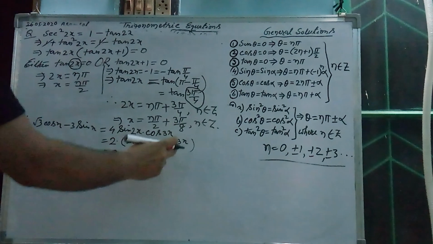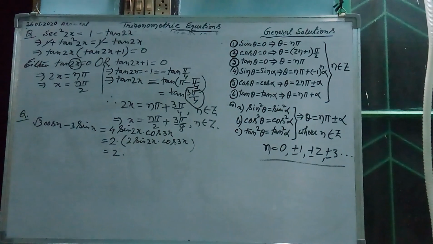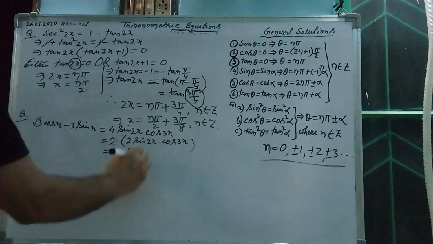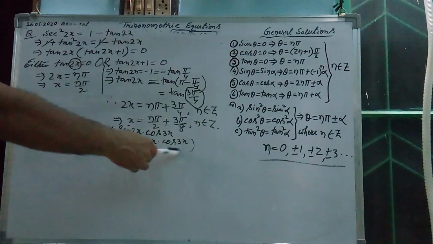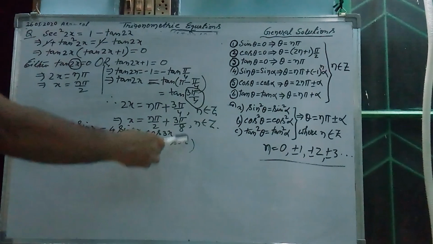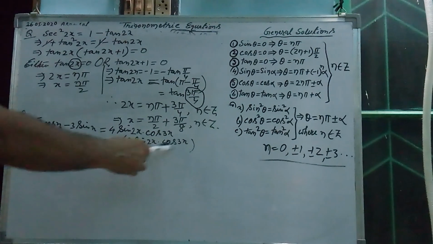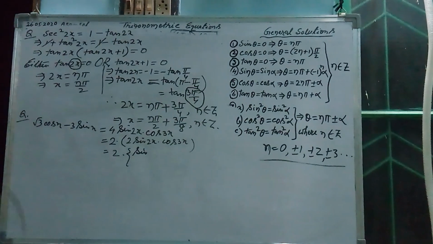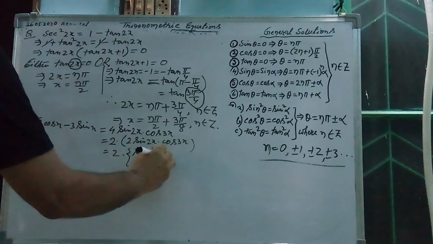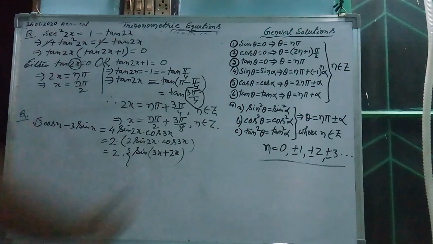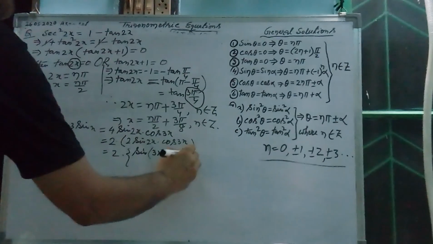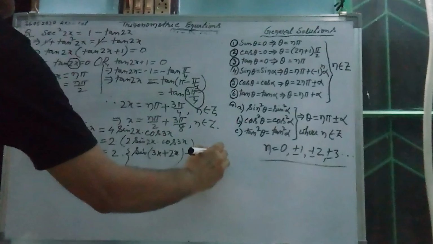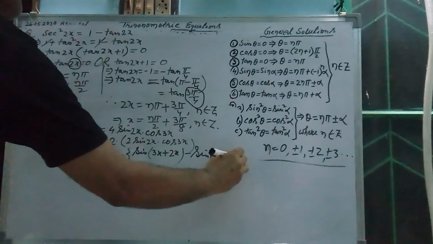If you write in this form, 2 cos 3x sin 2x, there is 2 cos a sin b, you will get sin a plus b minus sin a minus b. We are taking this 3x as a and 2x as b. We will get sin 3x plus 2x minus sin 3x minus 2x.